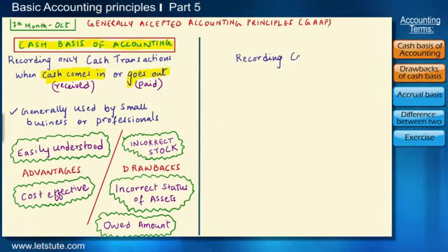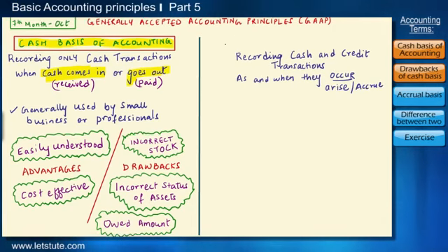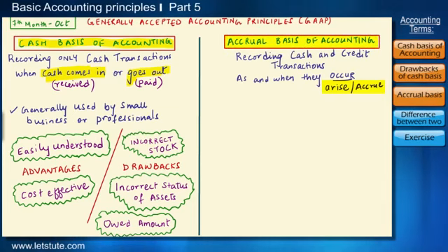So all credit transactions are recorded. These transactions are not recorded when cash is coming in or going out, but they are recorded as and when it occurs. That is, when they arise or accrue. So this concept where we recognize transactions on arising or accruing is called the accrual basis of accounting or the accrual concept.